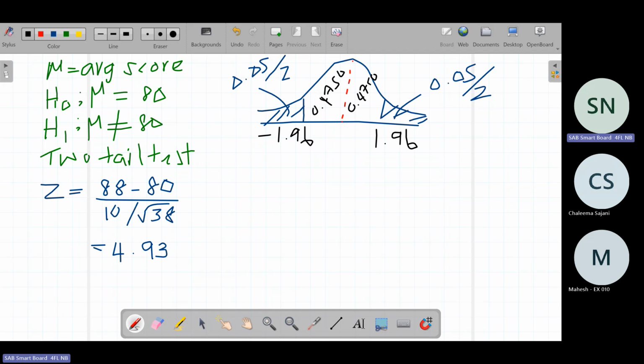Then check whether your test statistic is 4.93 and which region it has fallen into. Rejection, not acceptance. Rejection region.